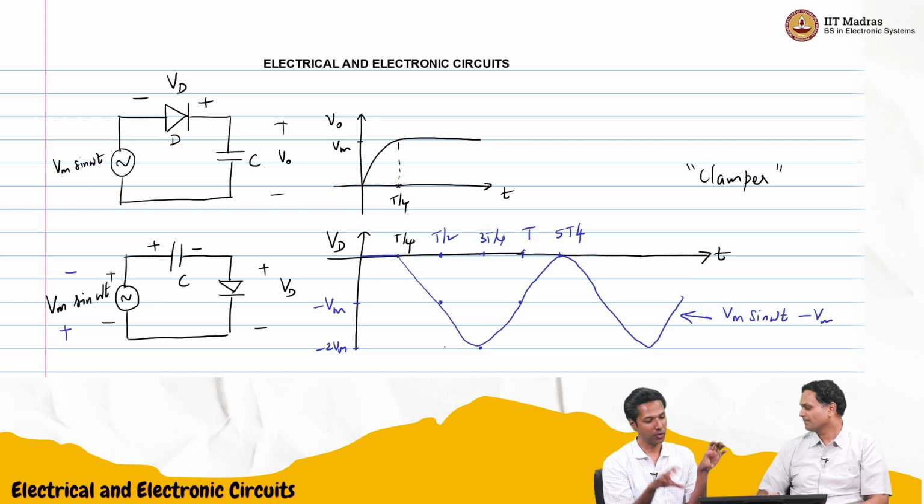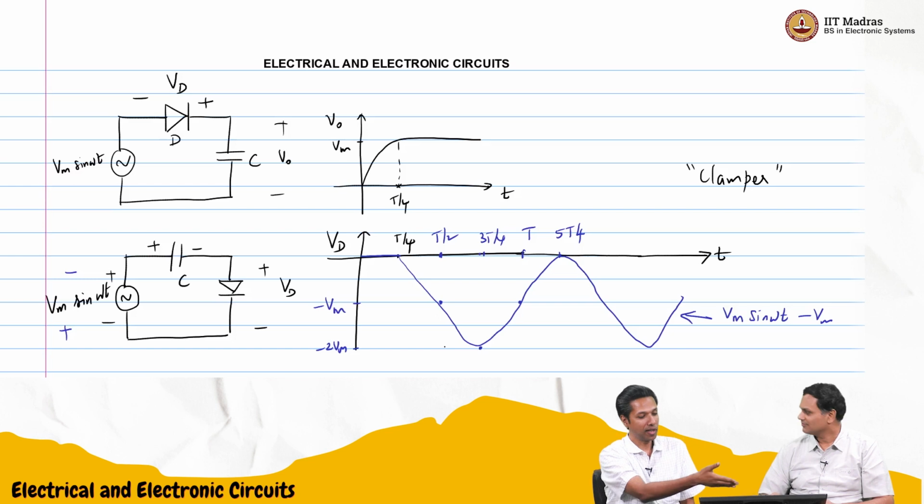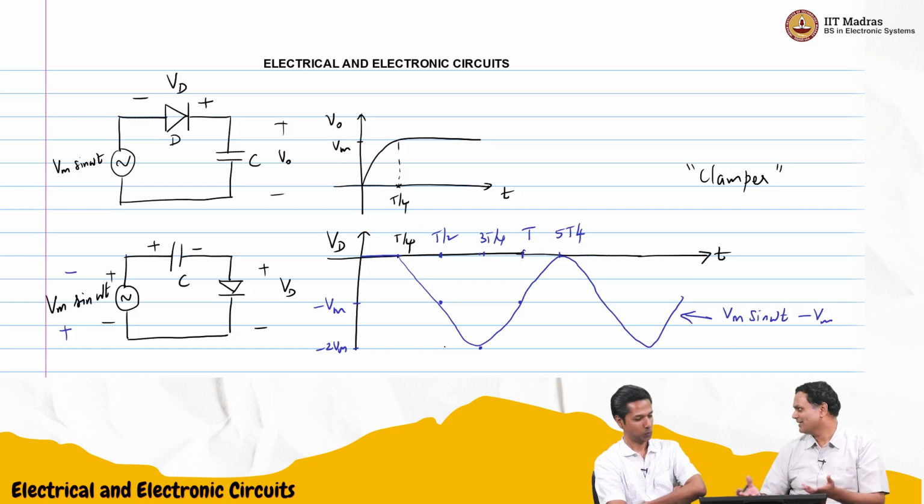It's useful if you have two blocks or units and there is a level shift required. And as you said, just by flipping the diode, you can get a negative clamper or a positive clamper.